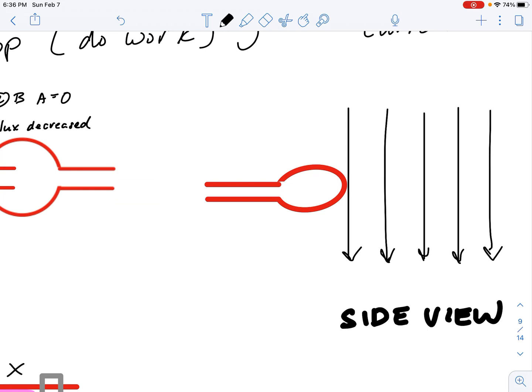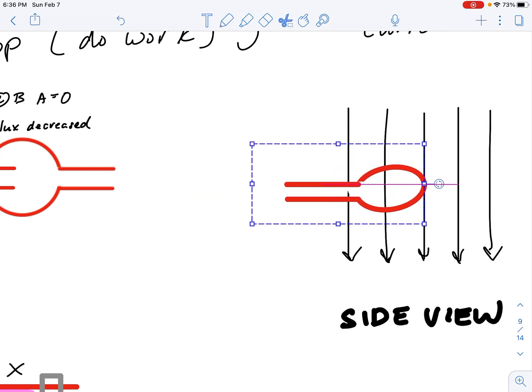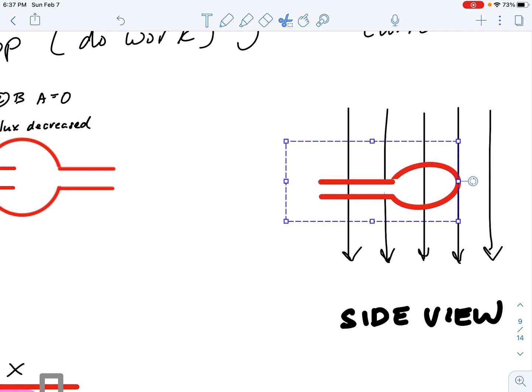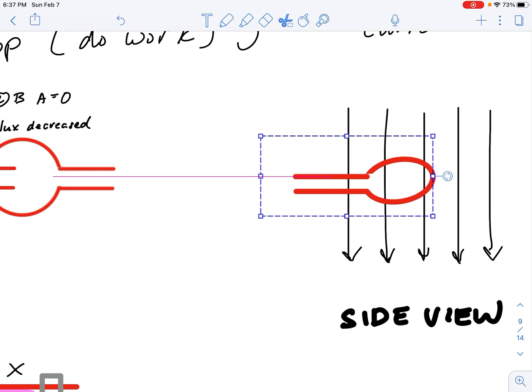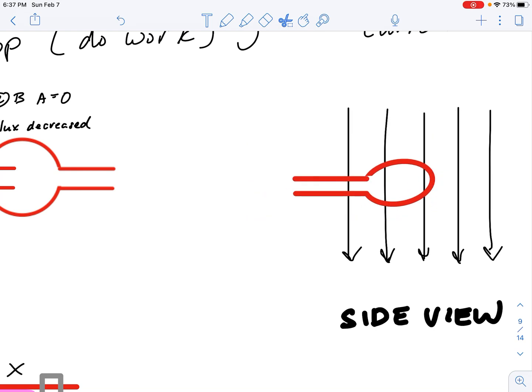Okay, here it is shown from a side view, or my attempt at drawing a side view. So the loop could go in and come out of the magnetic field. We'll put it back in the magnetic field.